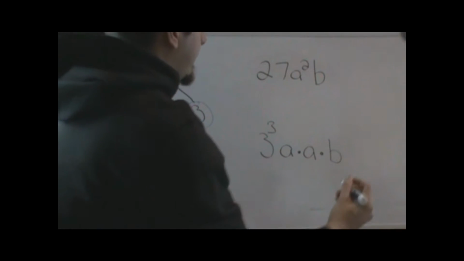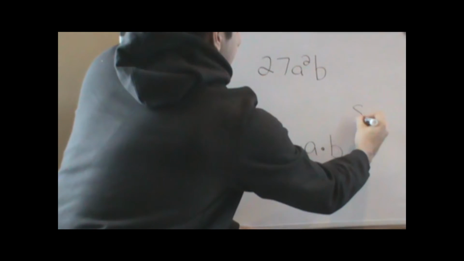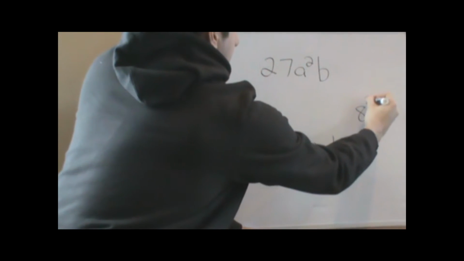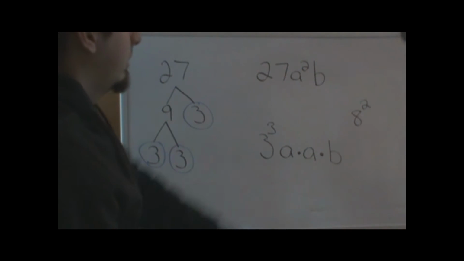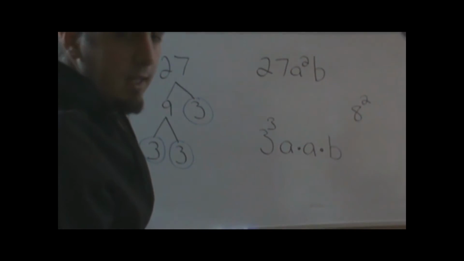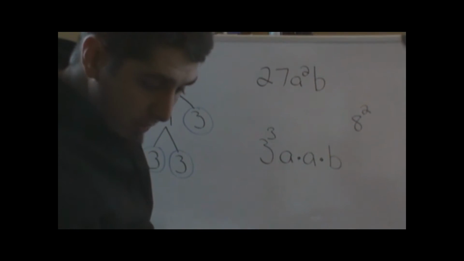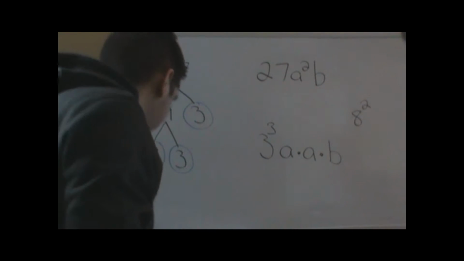Another way to look at it is if you input some numbers. If I have 8 squared, I know that 8 times 8 gets me to 8 squared. It's important to remember what a factor is.